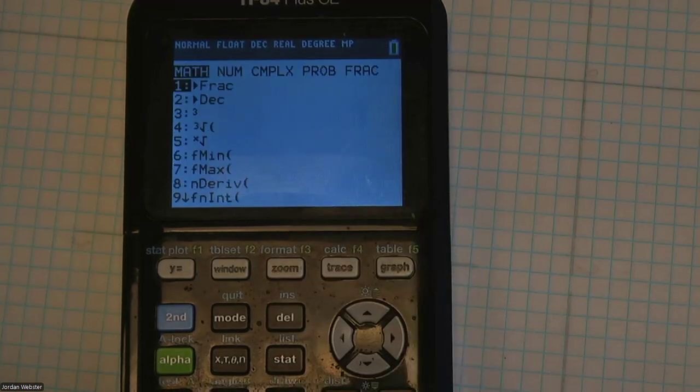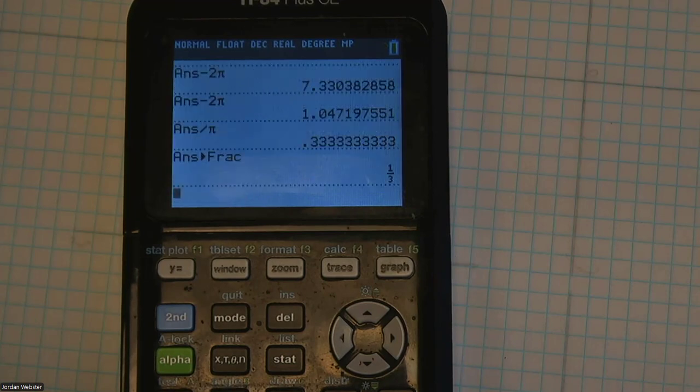Notice that it's a nice decimal of 1/3. Okay. So 19 pi over 3 is the same coterminal angle. I should say it's coterminal with pi over 3.